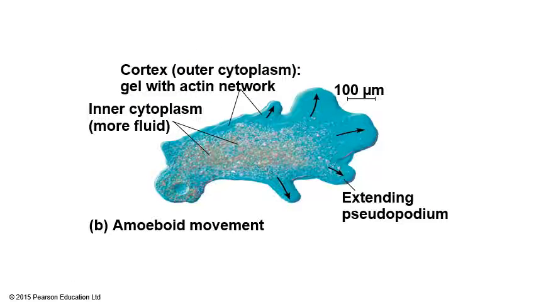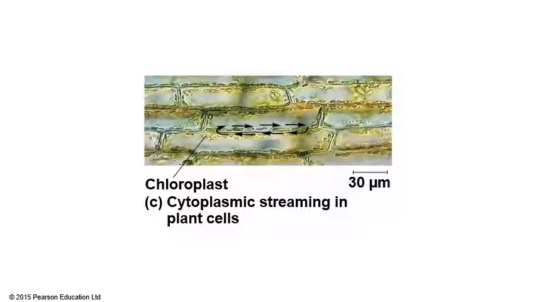This one shows the actin filament network. They are responsible for amoeboid movement. So with the actin network, they extend out a pseudopodium like that. And those actin filament movements are responsible for cytoplasmic streaming in plant cells, or cyclosis.